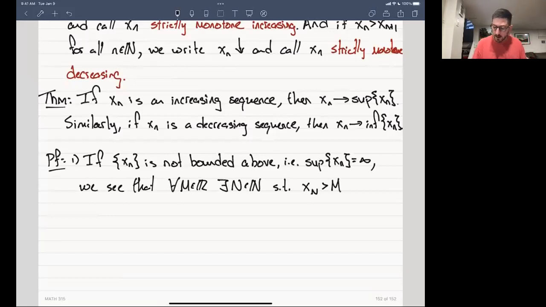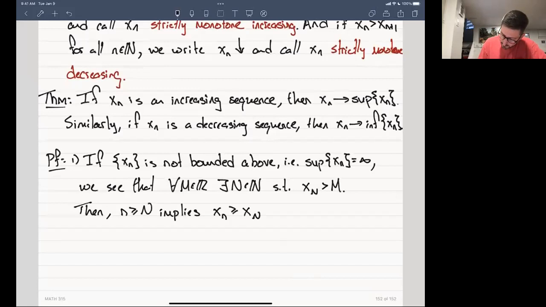Right? So this comes from the fact that your supremum is infinite. This thing is unbounded. I can always find an element of the sequence as big as I want. So I say, okay, here's a big number, say capital M. I can always find something beyond that. But then, if I look at all of the elements beyond capital N, this implies from the increasing property that xn is greater than or equal to x capital N, which is greater than M, too.